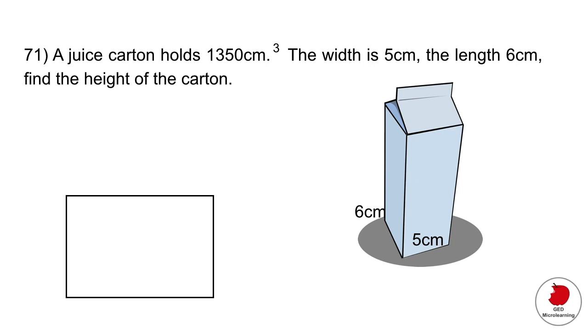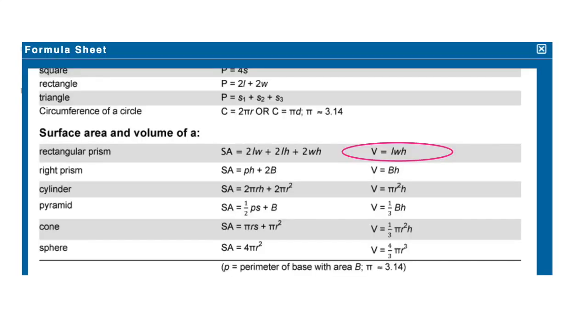Okay, so here what you have to do is go to your formula sheet, and you have to look around a little bit, because what they're giving you is 3 pieces of data, right? They're giving you the volume, the length and the width, and what you want to find is the height. So you would use this formula for finding the volume of a rectangular prism.